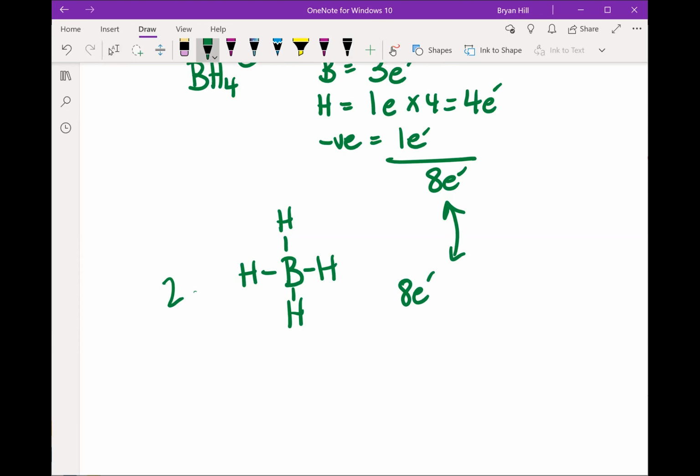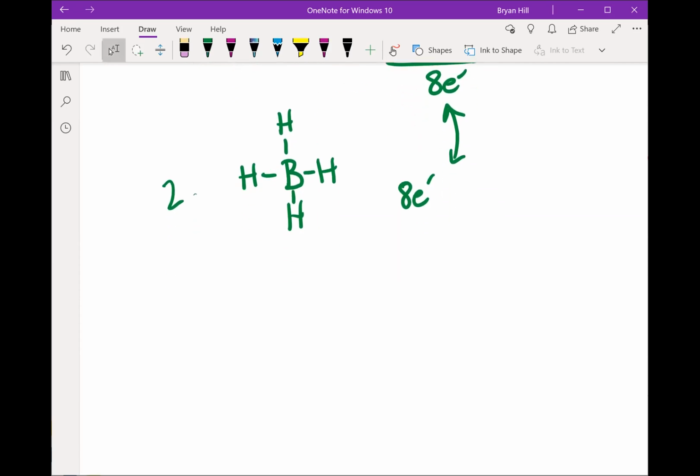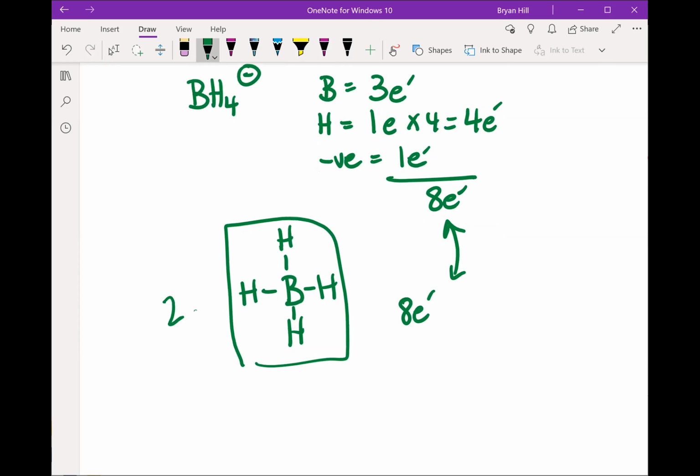Now, the one thing which we haven't done yet is the formal charge. You can almost do this intuitively. The molecule's got a negative charge, so the formal charges in this Lewis structure, the grand total has to come out being negative.